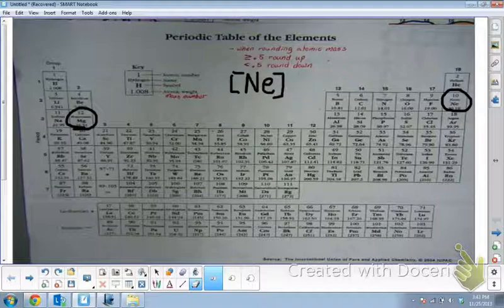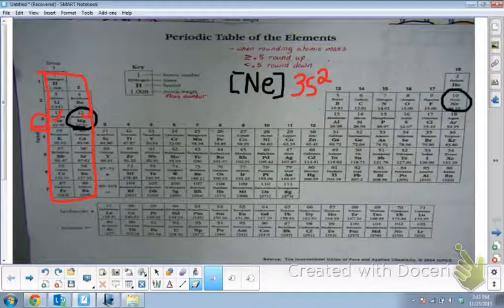Then we write all the electrons that lead us up to magnesium. The elements that lead us to magnesium are sodium and then magnesium itself, so we have to represent those 2 electrons. They're in the 3s sublevel, so we have 3s2. This is our shorthand electron configuration for magnesium: [Ne] 3s2.